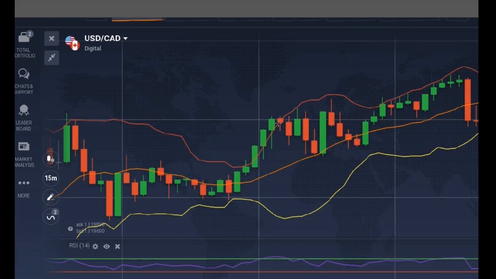Let's take a look at this USD CAD chart, but before we go ahead, I want to reiterate something. If you are new to trading, a newbie, we recommend that you start trading with an amount of $500 or less.